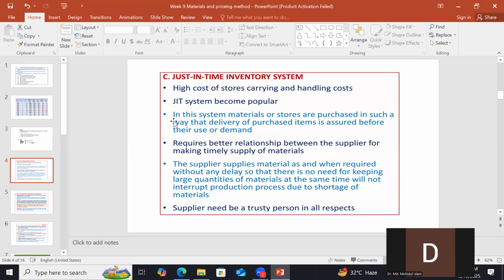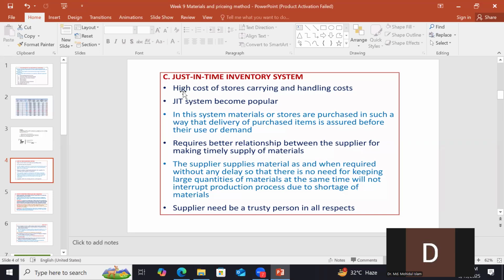Very simple. When you produce, you instantly deliver, no delay. Promptly production, promptly delivery. In this situation, there is no risk for the industries. So we have some criteria.